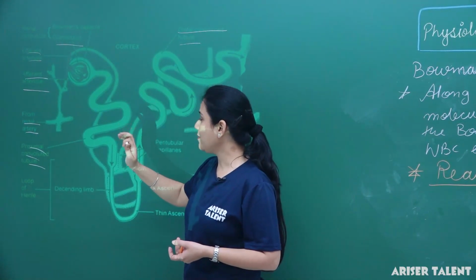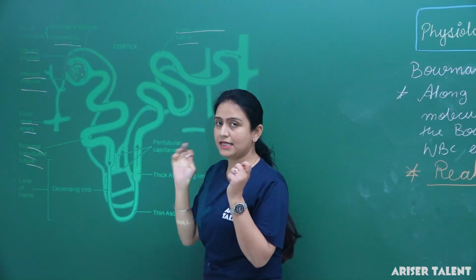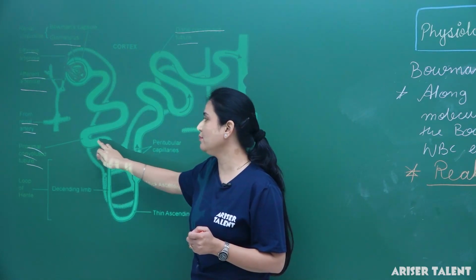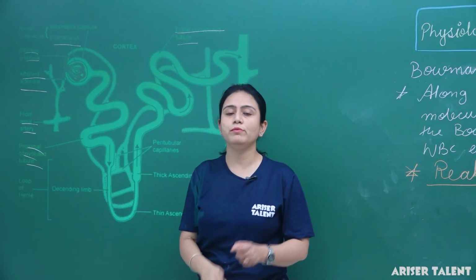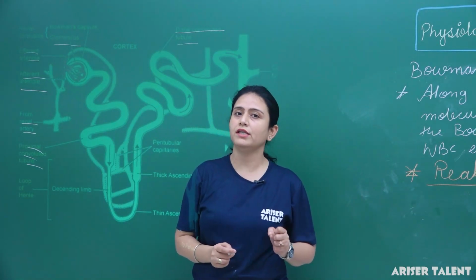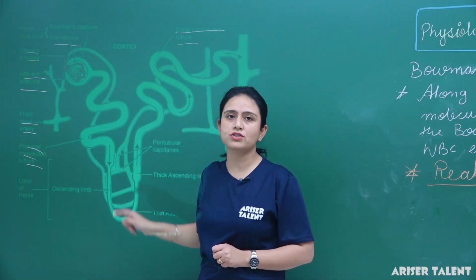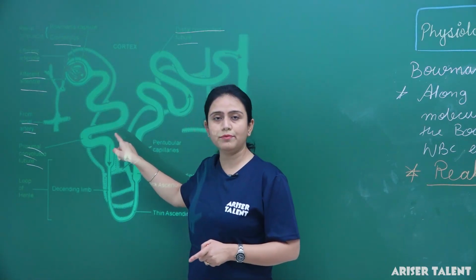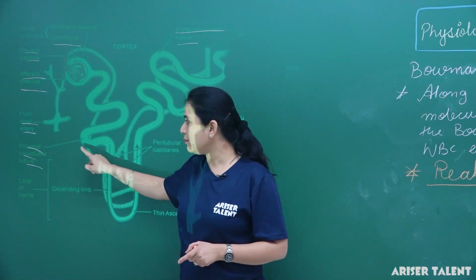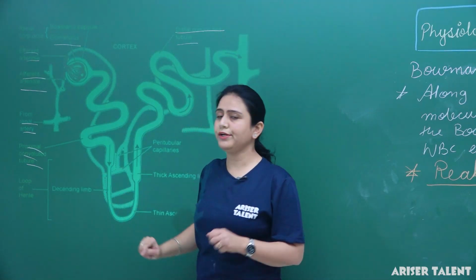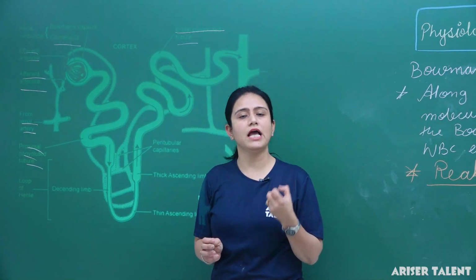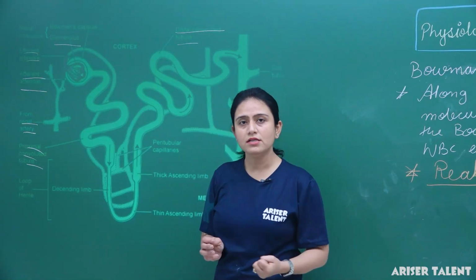Whatever essential substances are there are absorbed here in the proximal convoluted tubule, because microvilli are present there. When I explained the structure of the nephron, I also explained that the microvilli are present in the proximal convoluted tubule, also known as PCT. These microvilli help in the absorption of these essential substances.